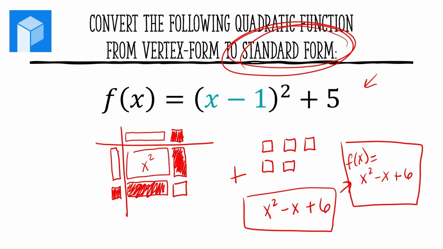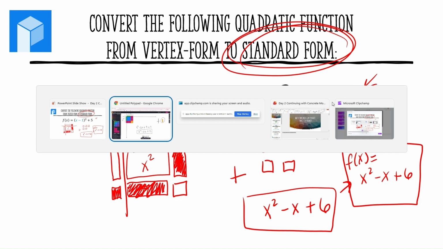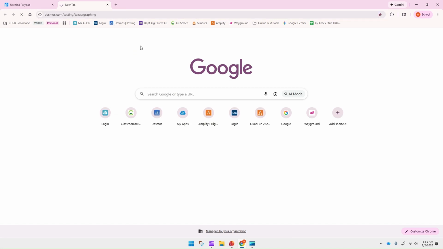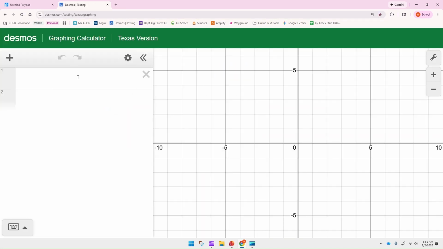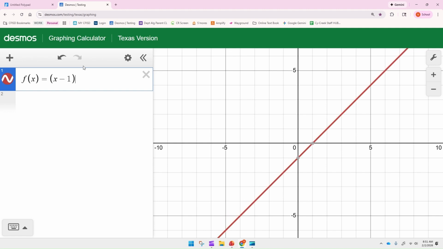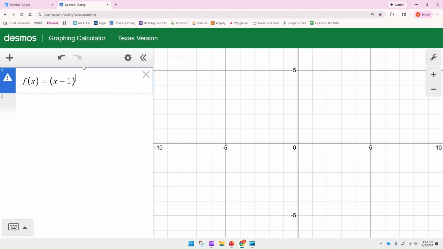Now, a way that you can check that I factored this correctly in terms of my product is to put this in Desmos. I'm going to show you how to do that real quick. In Desmos, I'm going to put our original equation, f of x equals, and in parentheses x minus 1, squared, and then minus 5.